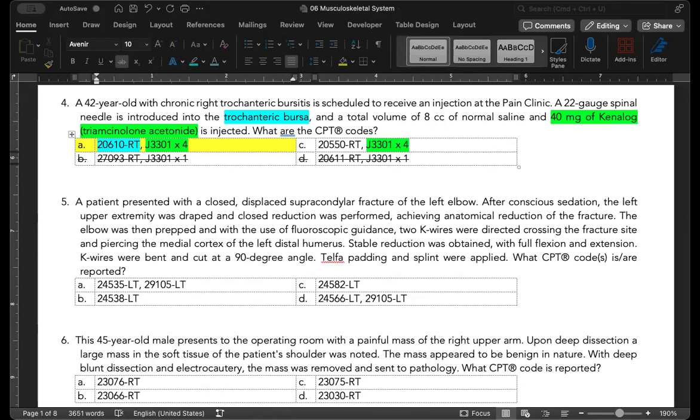For our fracture, where is our treatment? Where's the treatment directed? What's our anatomic location? The elbow. Yep, perfect. Actually, hang on. Let me reread this real quick. So the fracture is of the elbow.